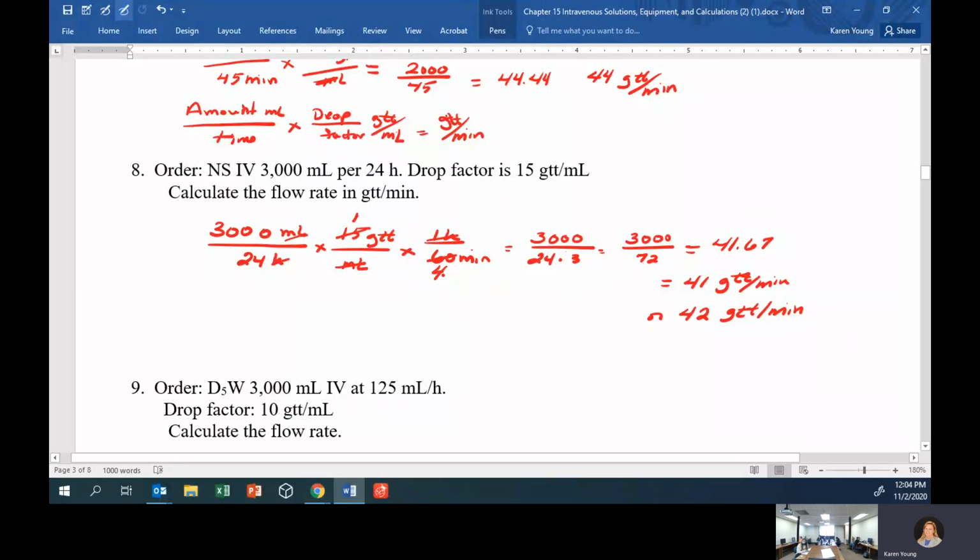Well, 15 goes into 60 4 times. I did 24 times 3. I don't know where that 3 came from. So it should be 24 times 4, which would be 48. So 3,000 divided by 48.